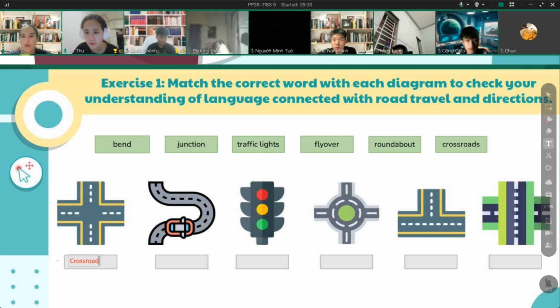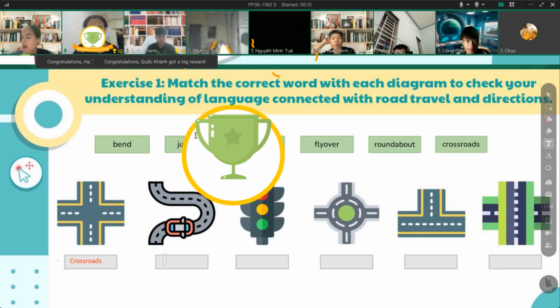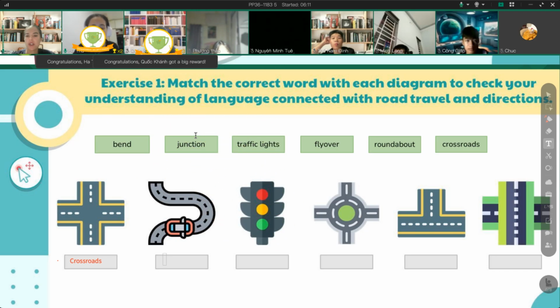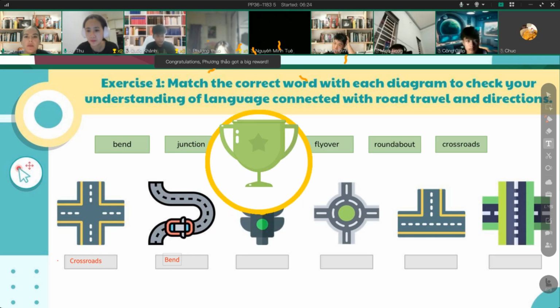Crossroads. Okay, picture 2. What do you think, Khan? Khan, what do you think is picture 2? Picture 2 is a bend. Picture 3. What do you think, Tao?